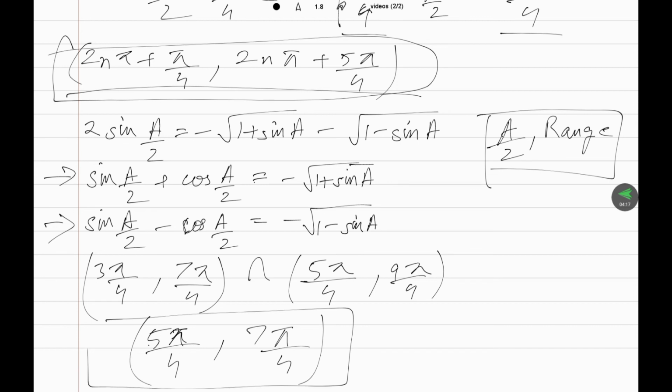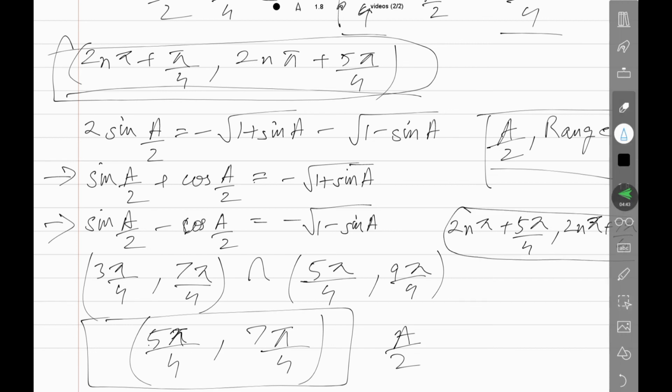So this will be the range of A over 2. Or more precisely, you can write 2n pi plus 5 pi over 4 to 2n pi plus 7 pi over 4.